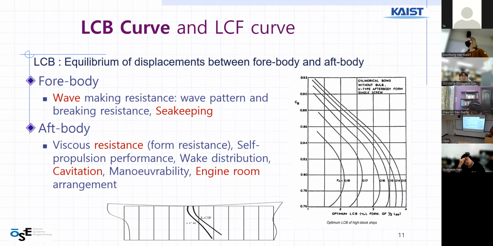And so as a designer, you'll want to have the optimum LCB, so you're going to use graphs just like that. As an input, you need to have the CB coefficient and the Froude number, and then you'll be able to get the optimum LCB and LCF.